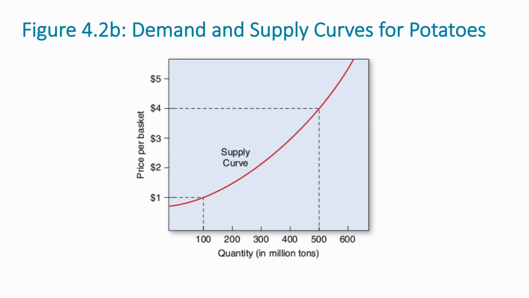So here's the play for the supply curve, and for the person who is supplying the product. When there are few products out there, the price per basket is going to be significantly lower.